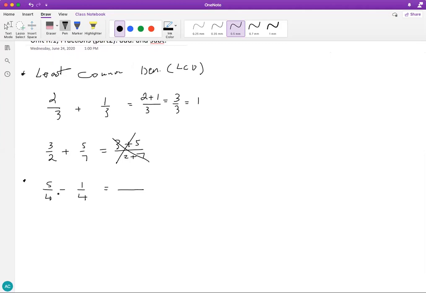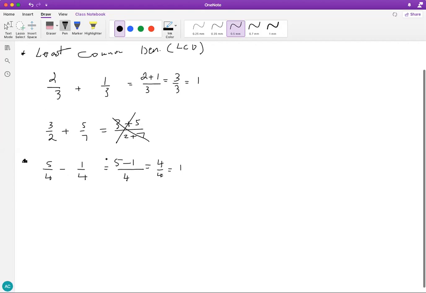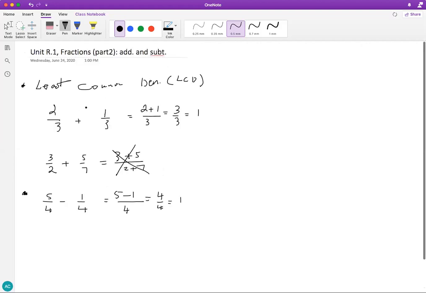Exactly, so the denominator is the same. That means we can go ahead and subtract, stay the same. We subtract the tops, 5 take away 1, that's 4/4, which is obviously 1. So that's basically the key here when you add or subtract fractions. You have to have the least common denominator. You have to have the same.